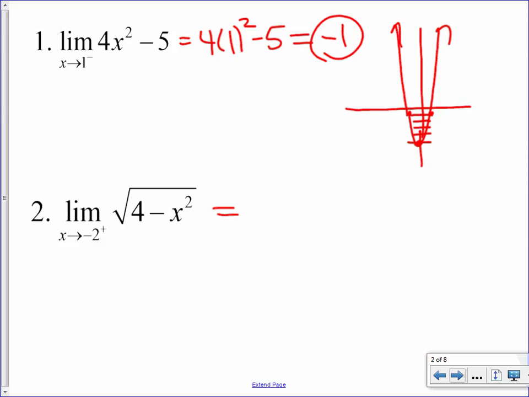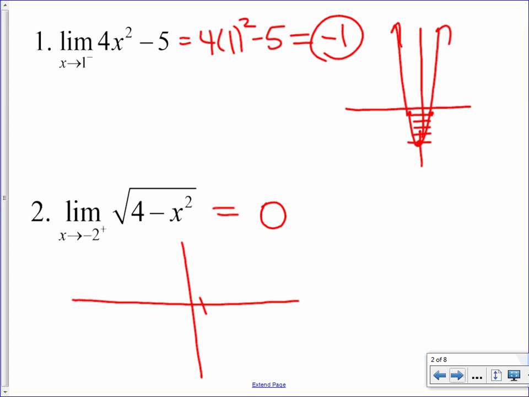What about this limit right here? The limit as x approaches -2 from the right side. If we use direct substitution, what would it be? 0?